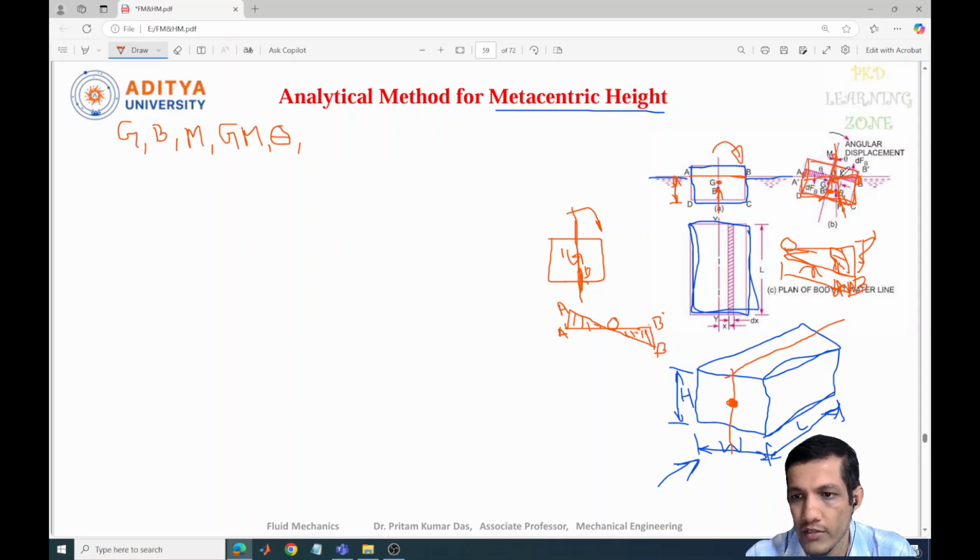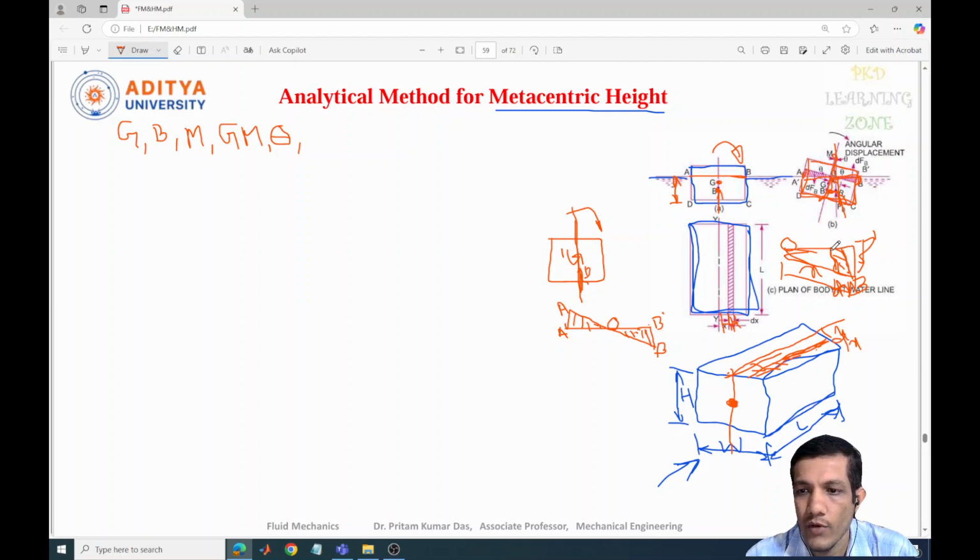I have shown the strip on this object, and the length of the object is L.